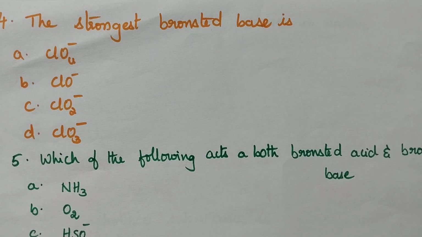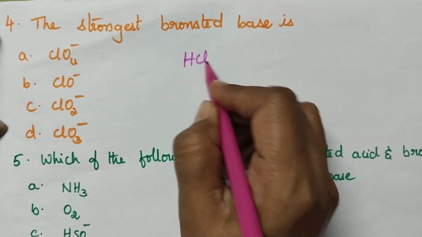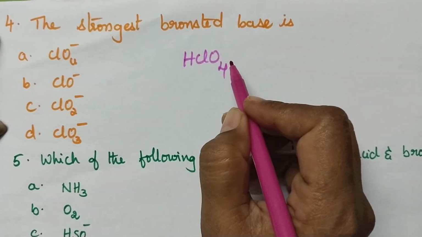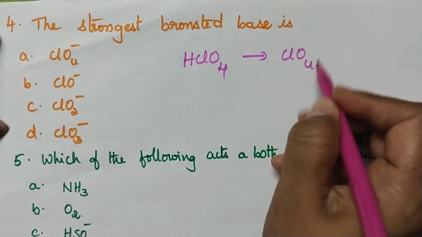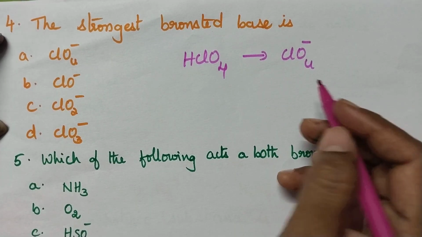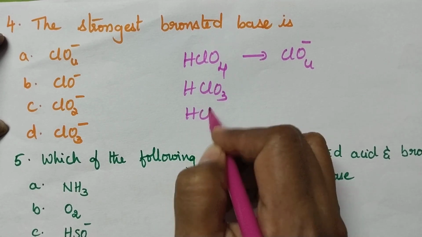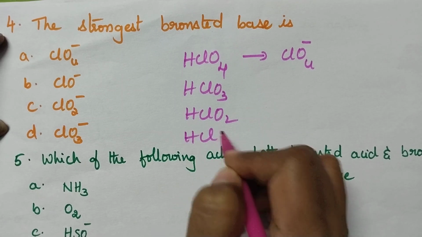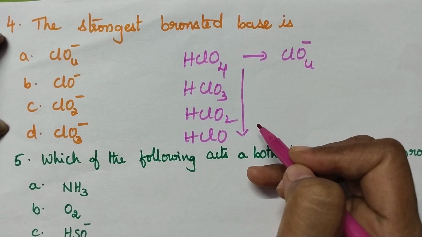The strongest Bronsted base is... Students always remember, perchloric acid is the strongest acid, so its conjugate base is weak in nature. When we consider HClO3, HClO2, HClO, the strength of acid decreases.